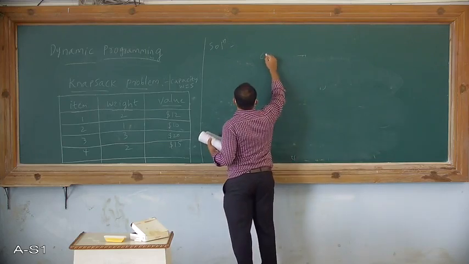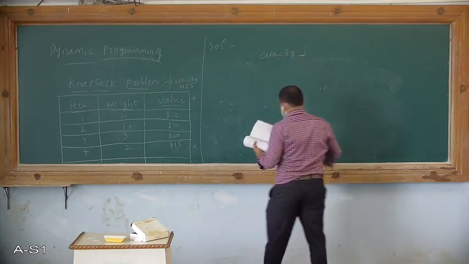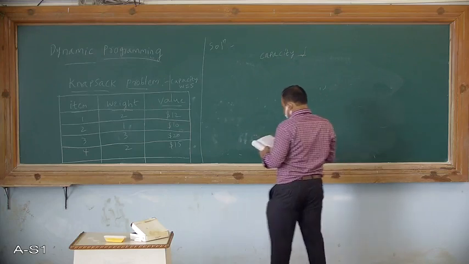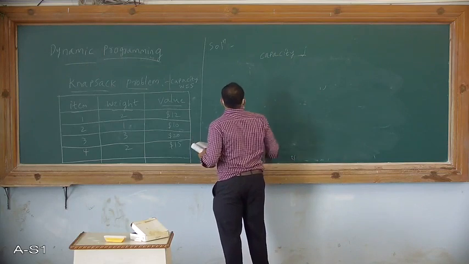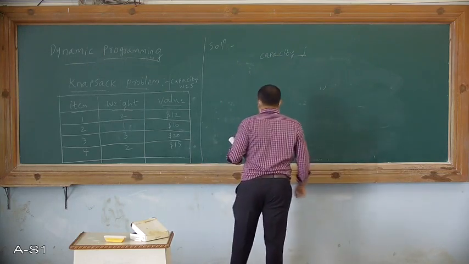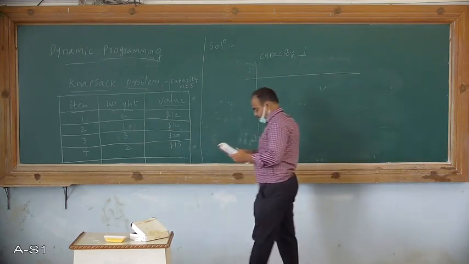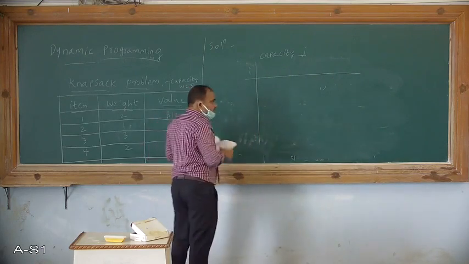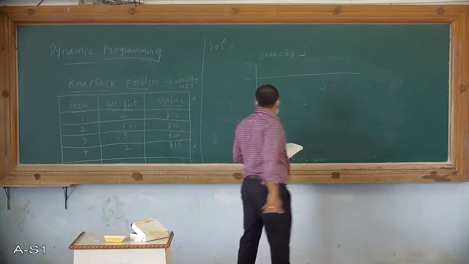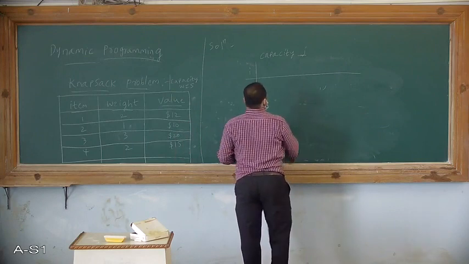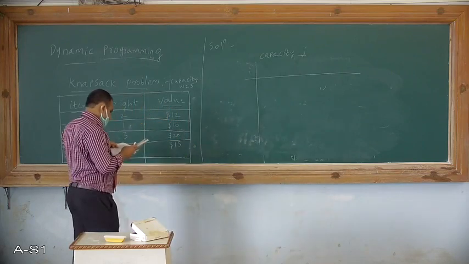What I will write is capacity J, and I. So capacity J, that one we have got. Since I have written capacity J, what is the capacity of ours?